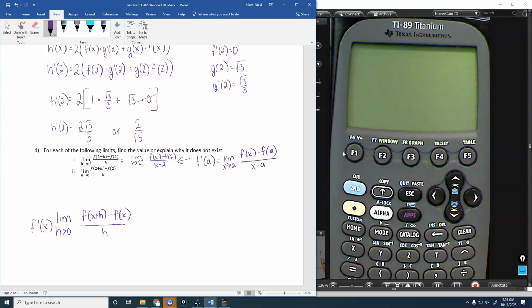It is asking you to recognize what that limit is and then look at the graph and tell it. So this is the limit definition of derivative, but I don't have an x here. What do I have instead? A 2. So that means they've plugged in 2 for my x's here, which means it is asking for the derivative from the right of f of x.